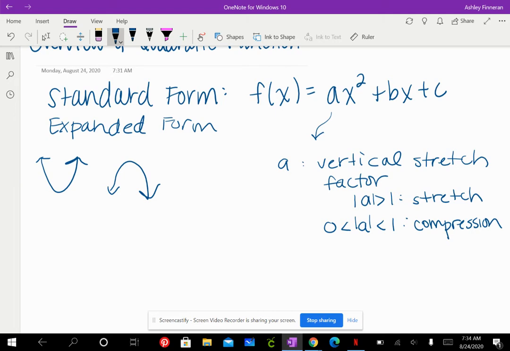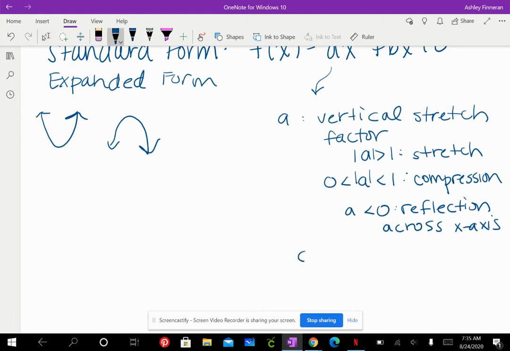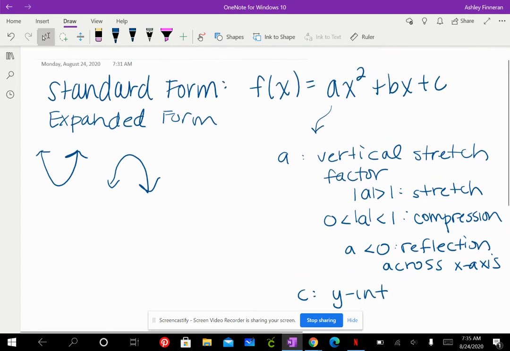So it is essentially fatter. And then if a is less than 0, whether it's a fraction between 0 and 1 or not, even if it's just -1, it's a reflection across the x-axis, meaning it opens down.